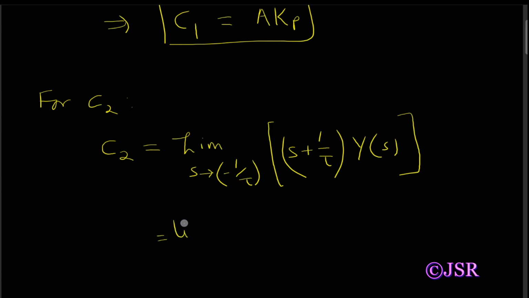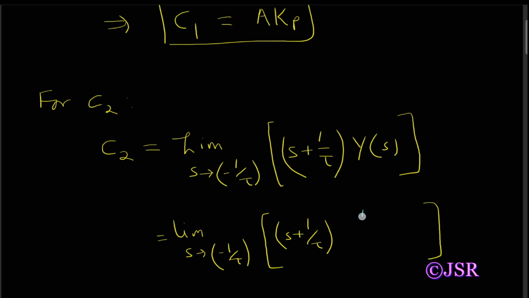So here limit s tends to minus 1 by tau, s plus 1 by tau, and y of s is a kp upon tau upon s into s plus 1 by tau.